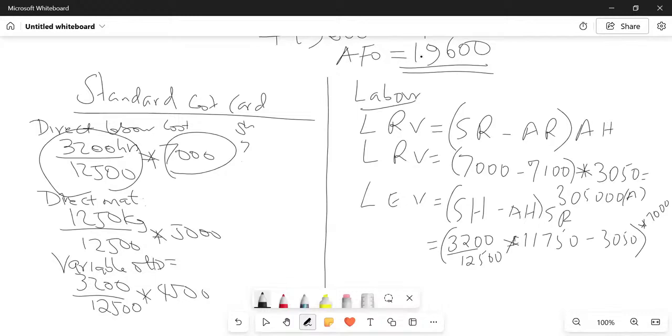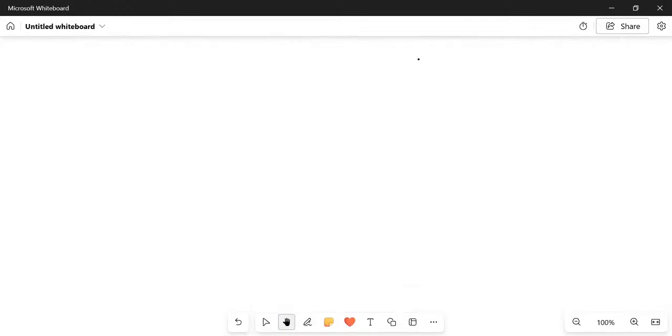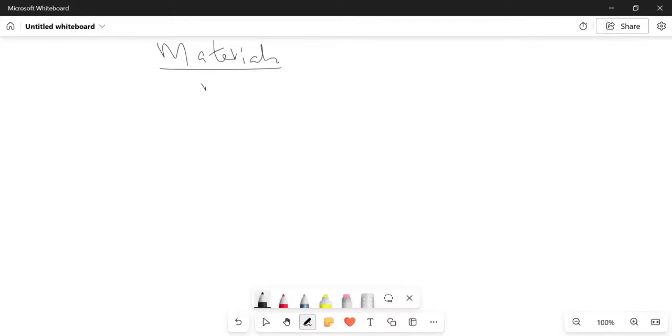So then we go to the materials. The first one will be fairly easy to get. For materials, we have the material price variance, the difference between two prices: standard price minus actual price, times actual quantity of materials.